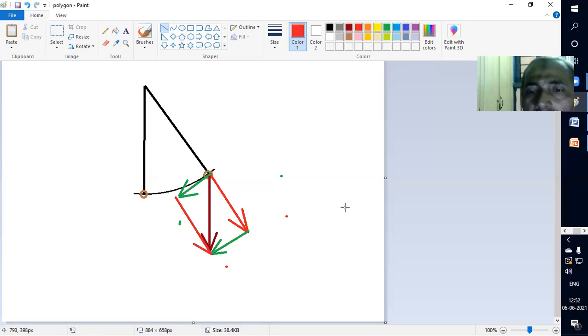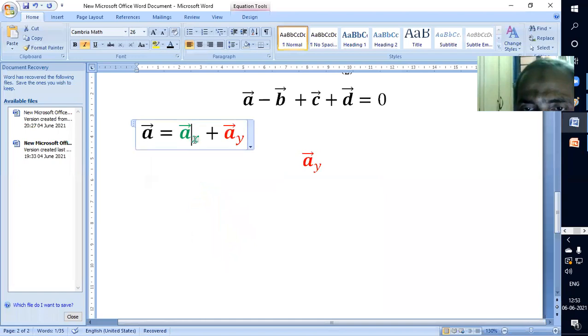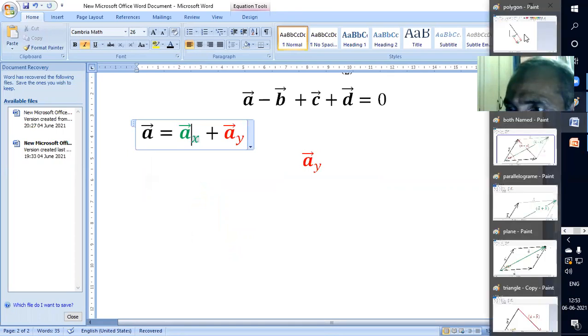So here you are getting two triangles. One triangle is on the left side of the gravitational force vector. The other triangle is on the right side of the gravitational force vector. Now, taking any triangle, you can write the equation like this. This is the green color vector.